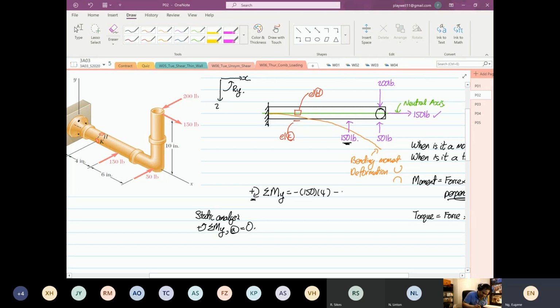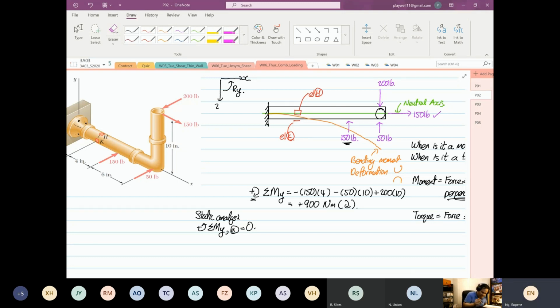And then minus 50 multiplied by 10, and then plus 200 multiplied by 10. So minus 150 times 4 minus 50 times 10 plus 200 times 10. So it's positive 900 pound inch, and it's going in a clockwise direction. Okay.